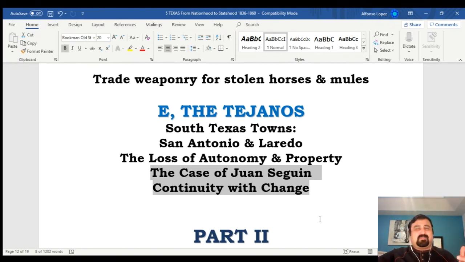He had to escape, of course, because he got into problems again with the authorities in San Antonio, and he'll pretty much have to leave Texas altogether. Okay, so of course the Tejanos, the Mexican population, those are the Tejanos here. What they're trying to do is preserve their culture, their heritage in the Texas Republic.